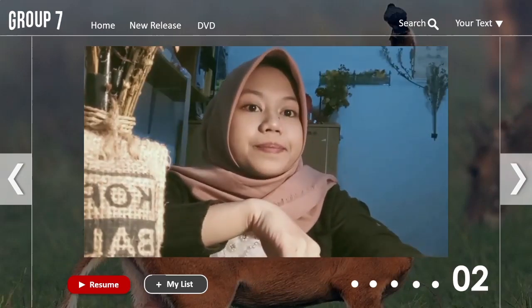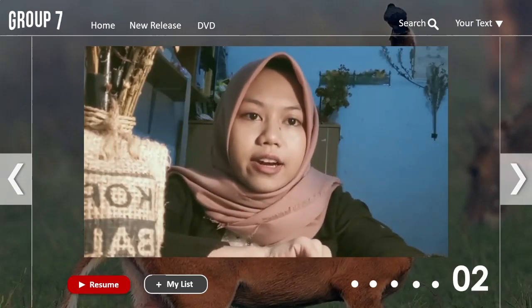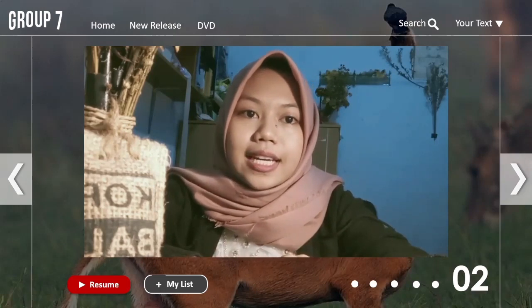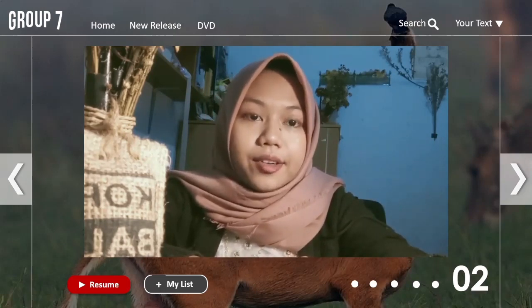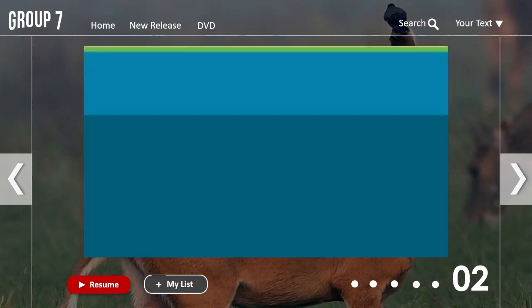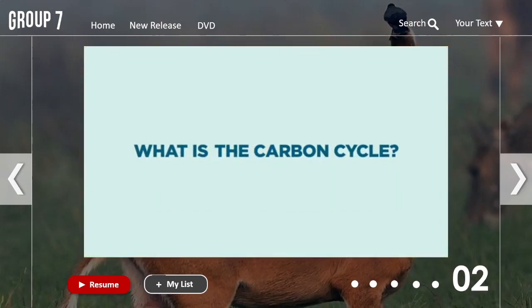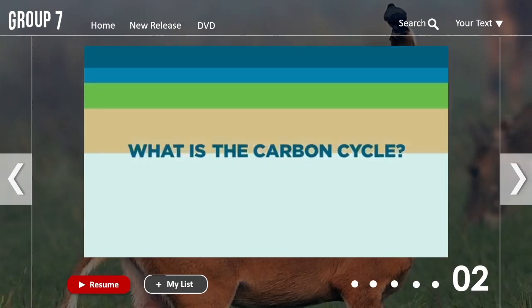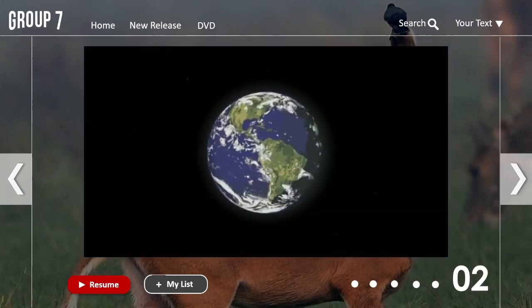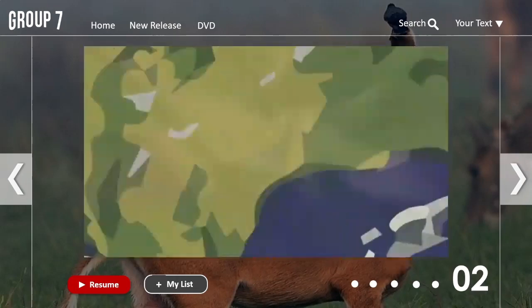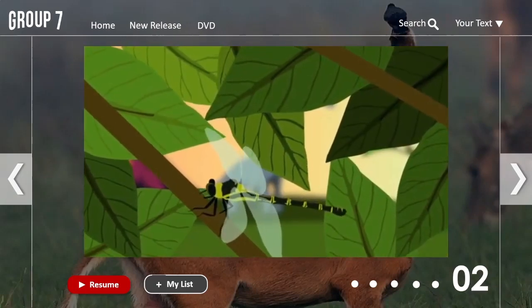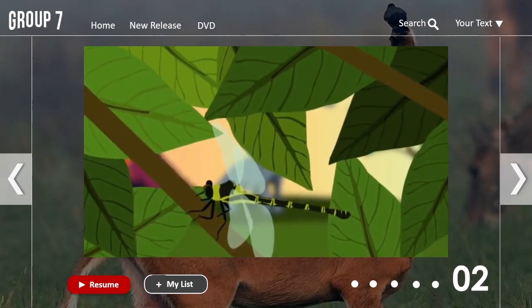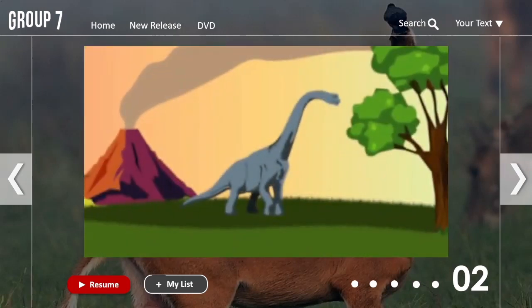Okay, we just have the carbon cycle as a specific material, right? Yes, I started. The carbon cycle is a biogeochemical cycle taken from the word bio for the aspect of life in question, geo for the earth as the place, and chemistry for the element involved in its cycle.